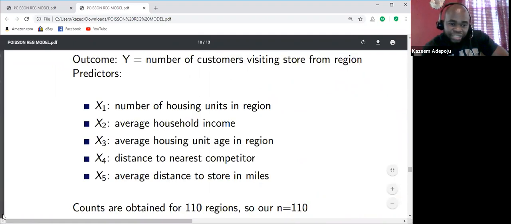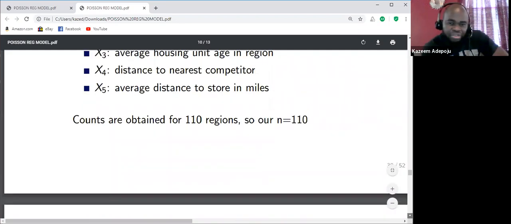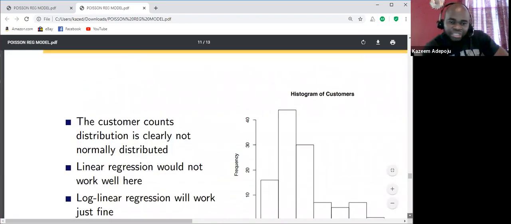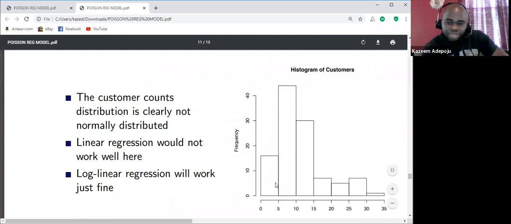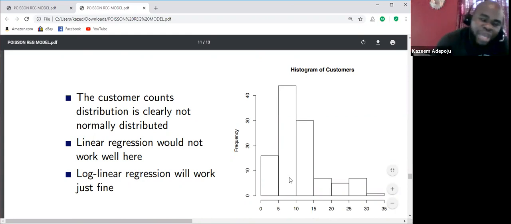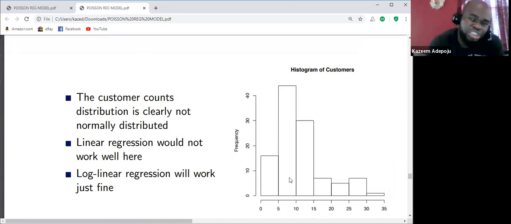That is the first thing you need to do to know whether you're going to fit a Poisson regression model or a linear regression model. That's exactly what we do right here. Look at that, this is skewed, this is not normal. This is the histogram of the customers. You remember the other time I showed you that the Poisson distribution is skewed, so this is skewed like a Poisson distribution.